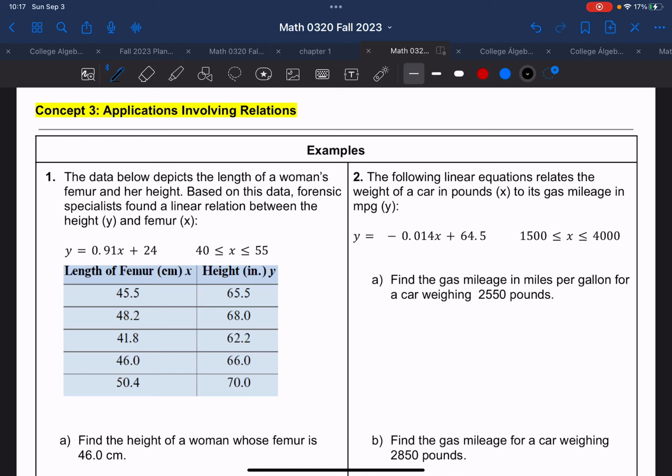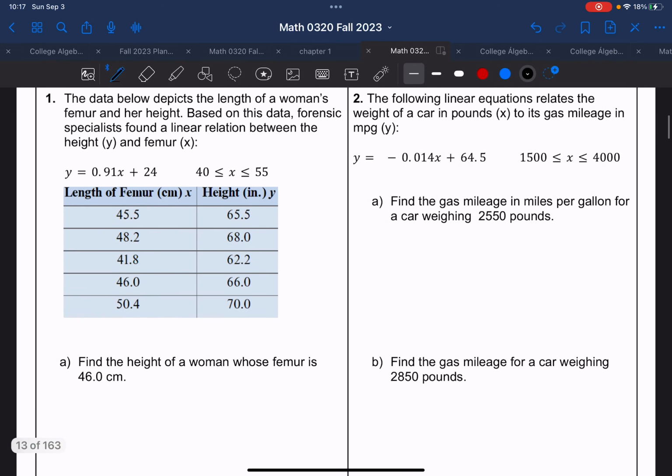Here it gives us the table. Notice this table is the same table that we used in the beginning to illustrate what a relation was. So we're going to be using this table to answer the following questions.